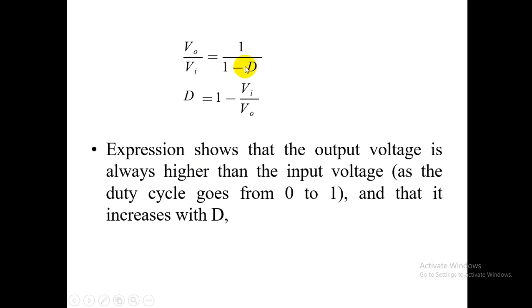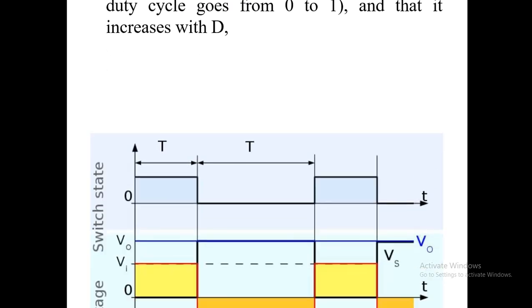From this we can also calculate the duty cycle, that is d equal to 1 minus Vi upon V0. This expression shows that the output voltage is always higher than the input voltage, because the duty cycle varies from 0 to 1, and the output voltage increases with D.